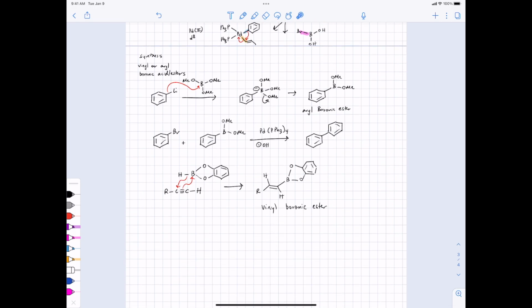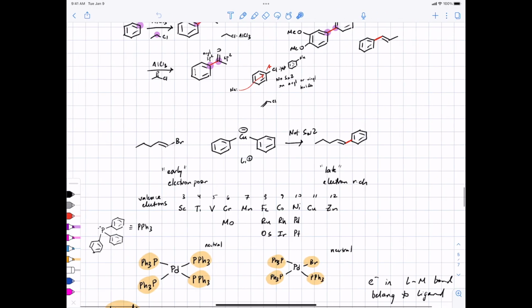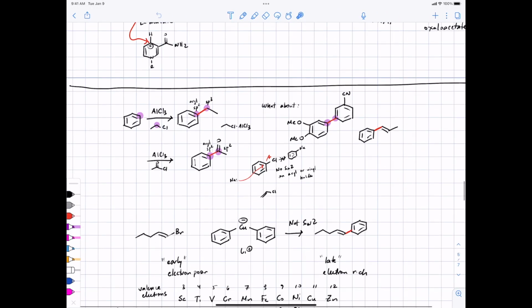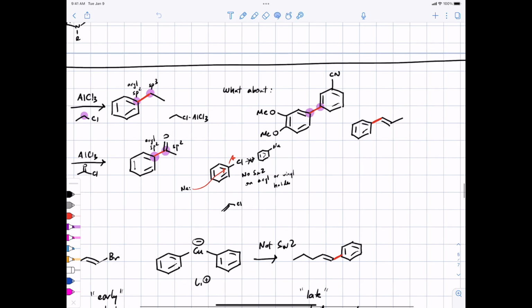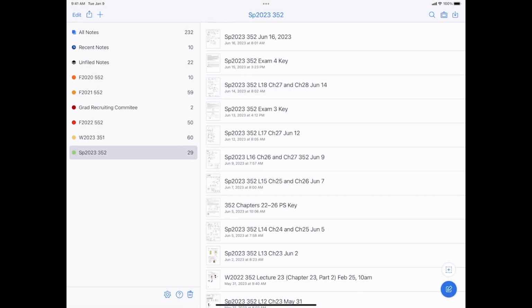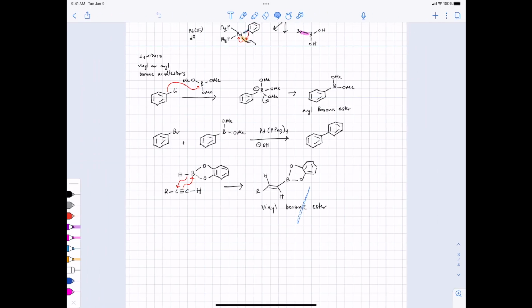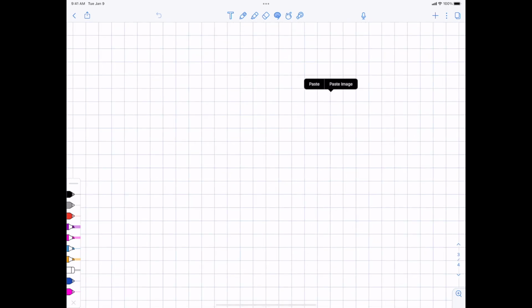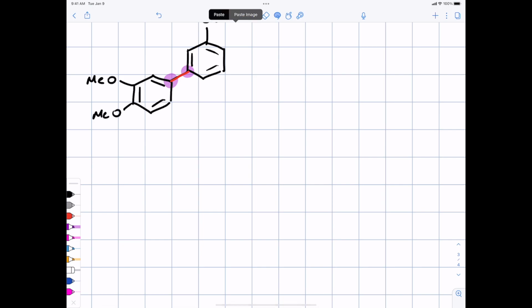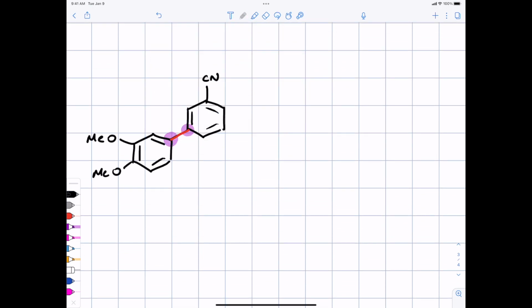So I think when we introduced this topic, we said, what if we wanted to make this sort of weird molecule with a biphenyl linkage? How could you do that?